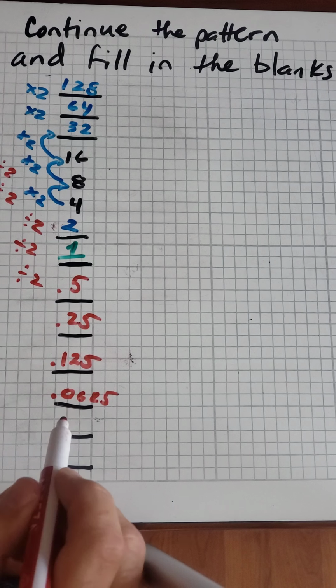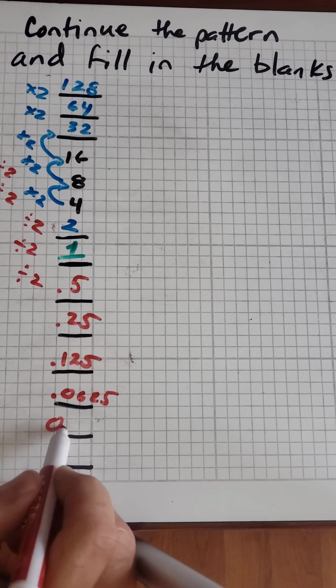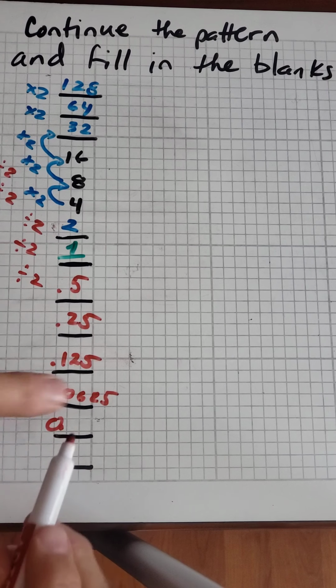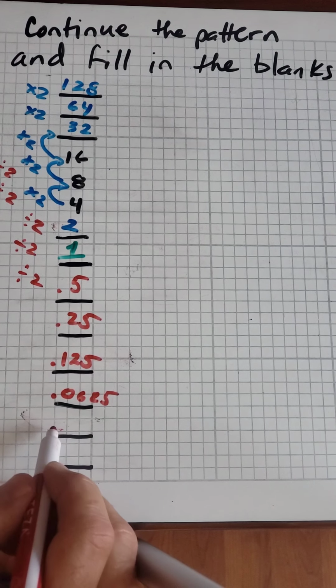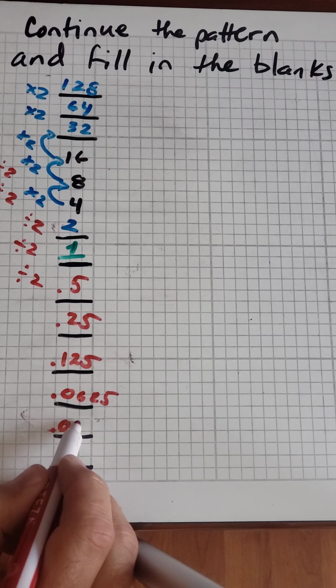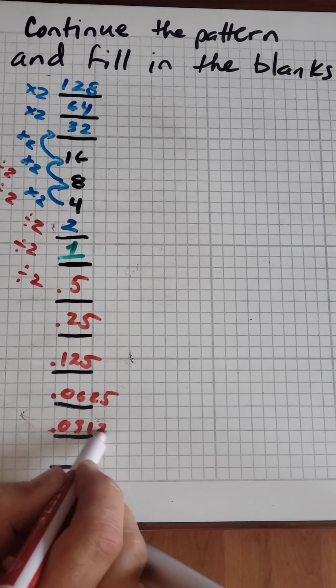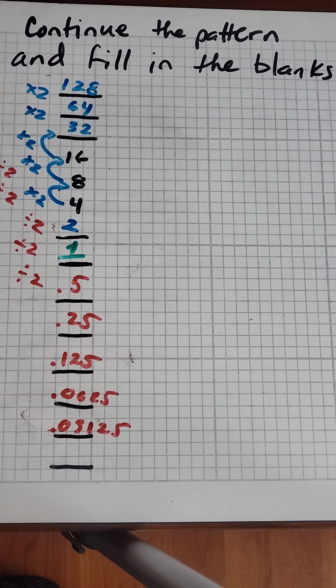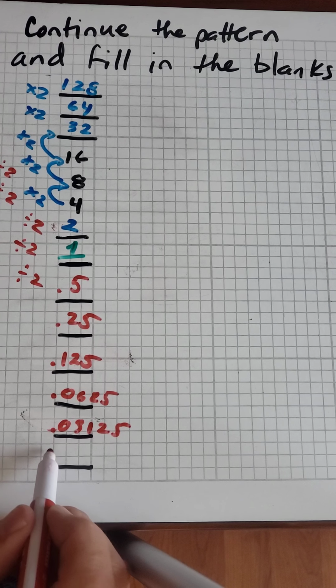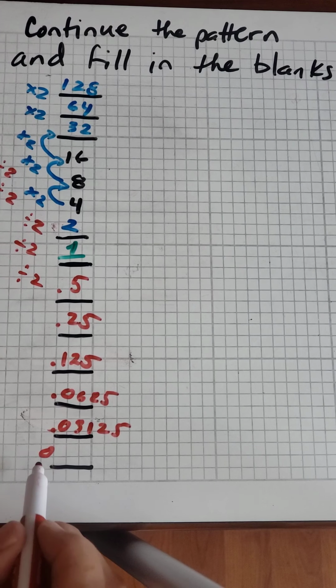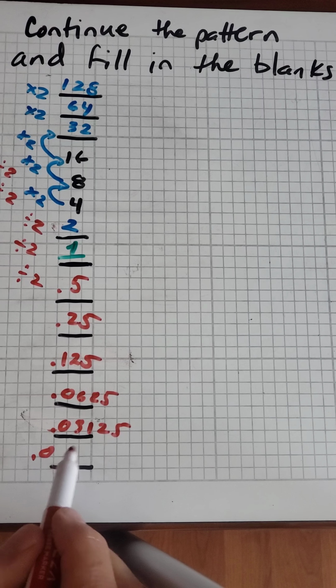And the next one's going to be, whoops, I did that one wrong. It's going to be 0.03125. And the next one's going to be 0. I don't even know. I'm just going to leave that one blank.